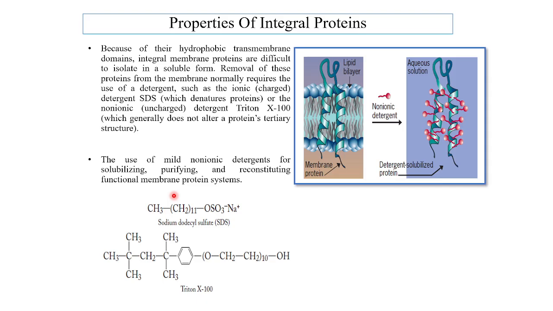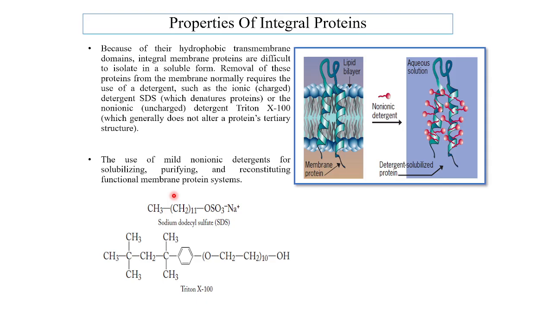Okay. Now we need to understand the properties of integral proteins, a very important protein component in the phospholipid bilayer. Because of their hydrophobic transmembrane domains, integral proteins are difficult to isolate in a soluble form, and removal of these proteins from the membrane normally requires use of detergents or ionic solvents like SDS, which denatures the protein, or non-ionic detergent like Triton X-100, which generally does not alter the protein's tertiary structure.